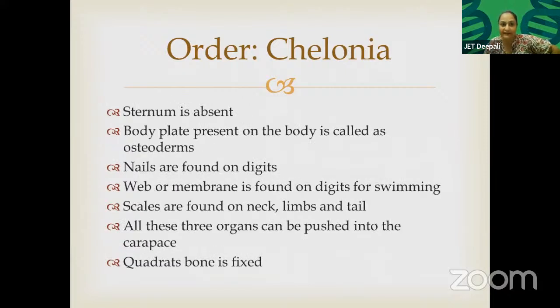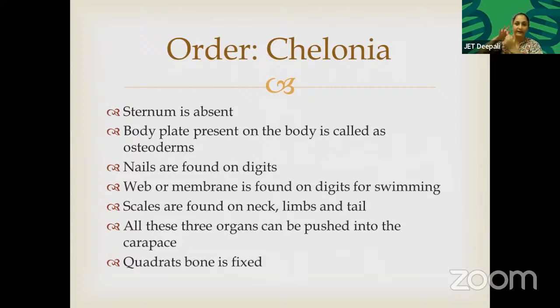Order Chelonia again. Sternum is absent. The body plates present on the body are called osteoderms. Osteo, when we talk about that, we are talking about bones. Nails are found on digits, so they have nails. Web or membrane is found on digits for swimming.